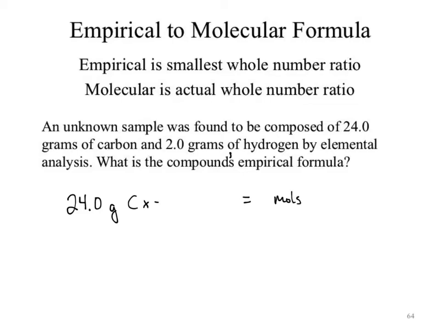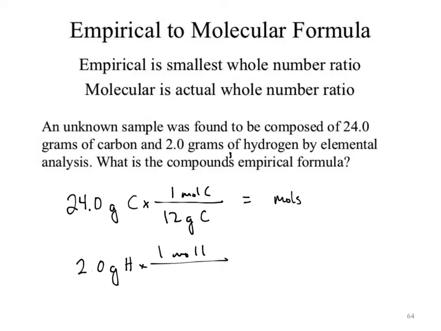How do I do that? Molar mass from the periodic table. 12 grams of carbon is 1 mole of carbon. Okay. 2.0 grams of hydrogen, and I would get 2 moles.